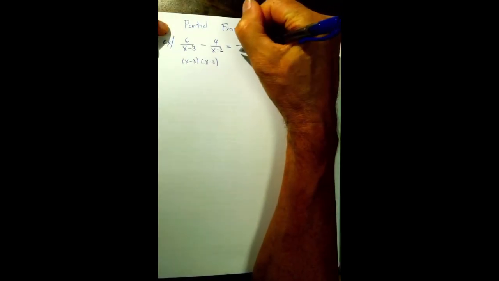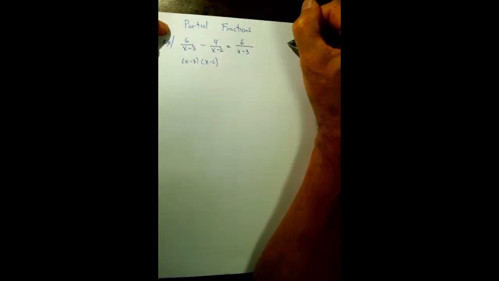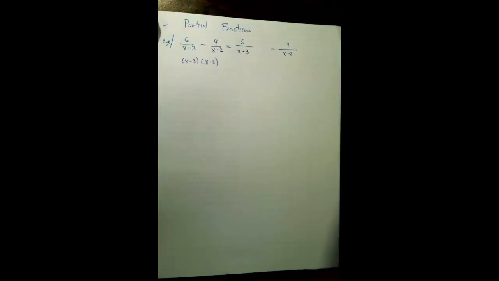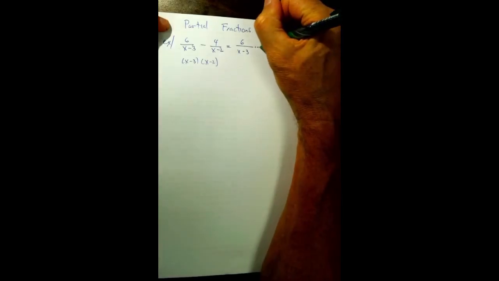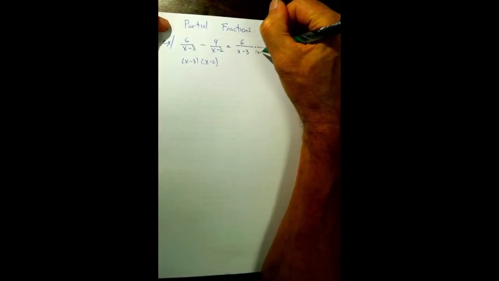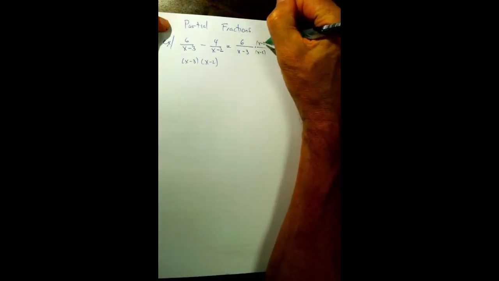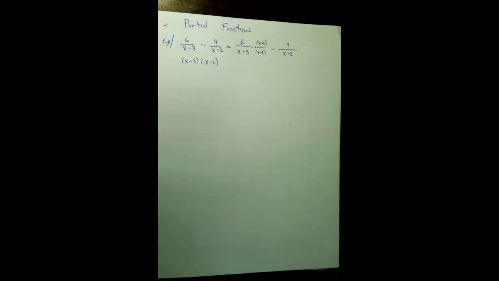So if I take my 6 over x minus 3 and my 4 over x minus 2, the first thing I want to do is make everything look like it has a denominator of x minus 3 times x minus 2. For the first term, I'm going to multiply top and bottom by x minus 2.